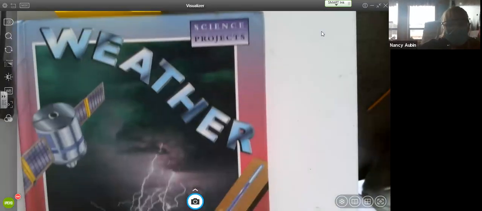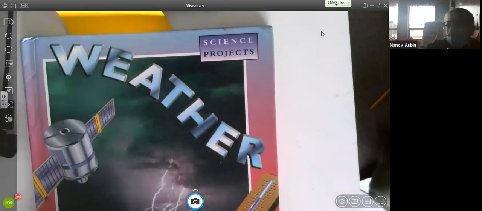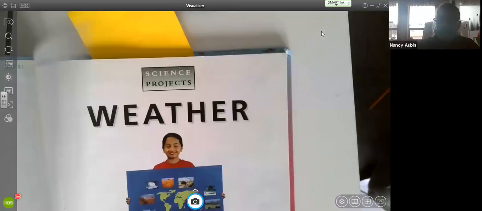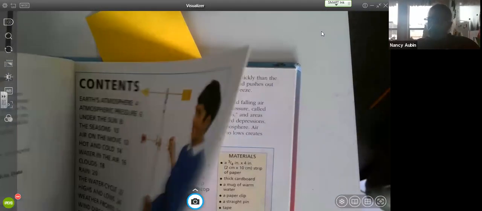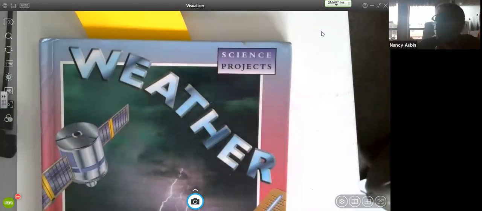Especially when it's nonfiction, you get a book and you think, okay, this book is about weather. But what I'm focusing on today is really about forecasting weather. The book is really great, but do you think I have time to read everything in this book to you guys? Do you think you'd be able to listen for that long? Probably not. So I did something to find the section.